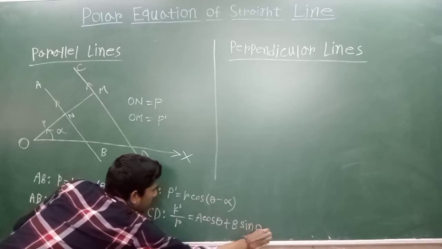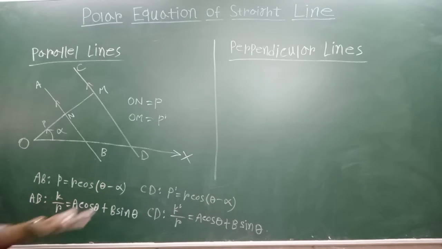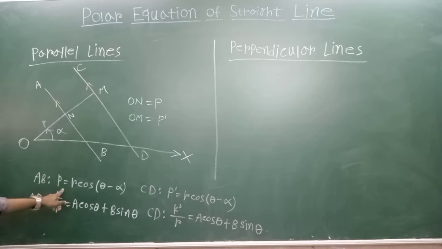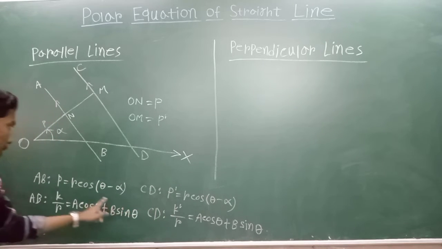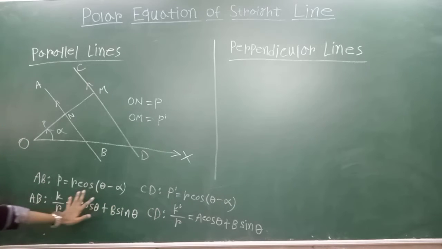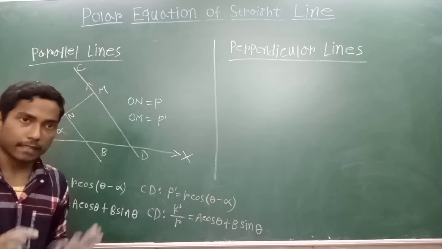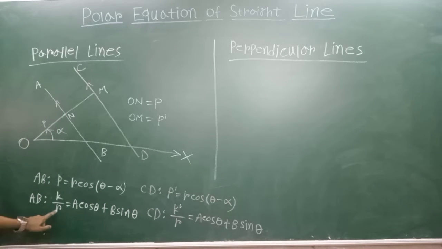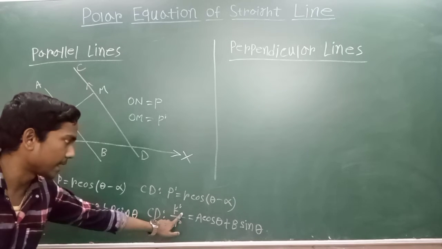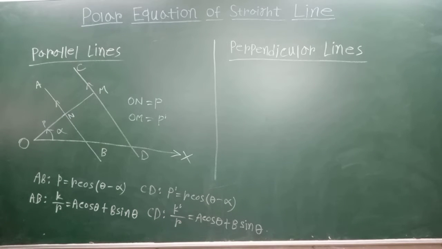For parallel straight lines, we just have to change this distance p; here it is p dash. But the remaining terms are the same for both the straight lines. In the general form, you can see here we have written k and here k dash. This is the concept for parallel straight lines.